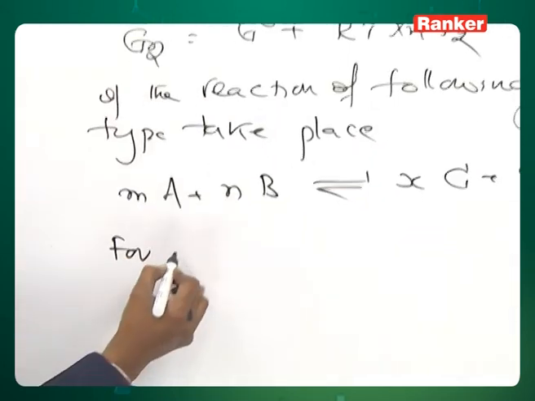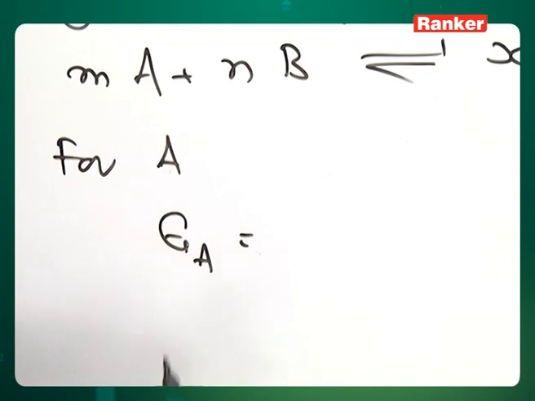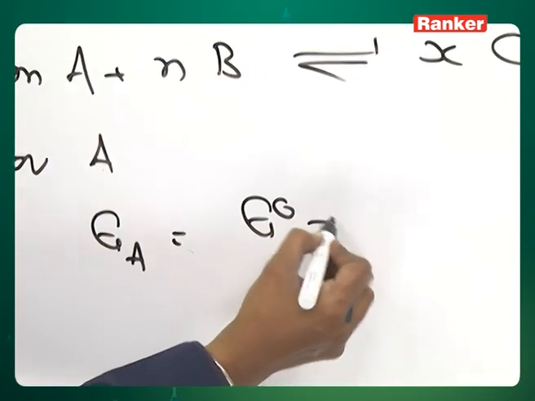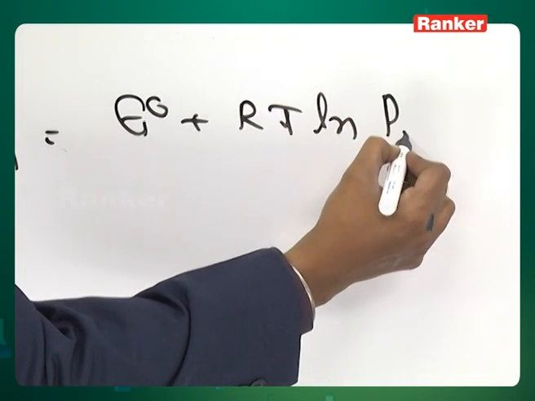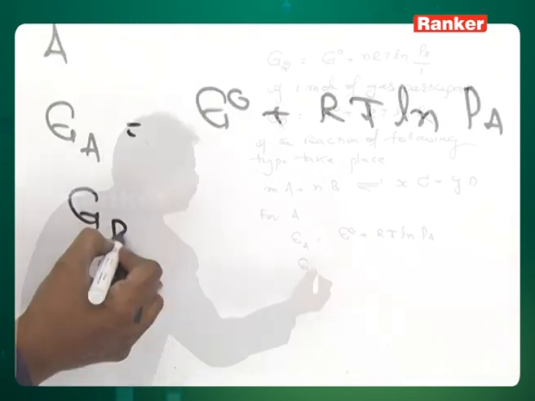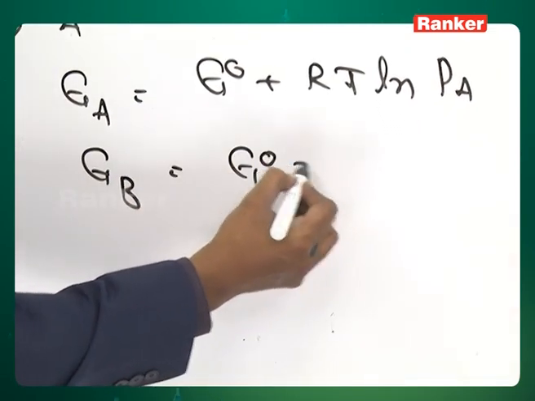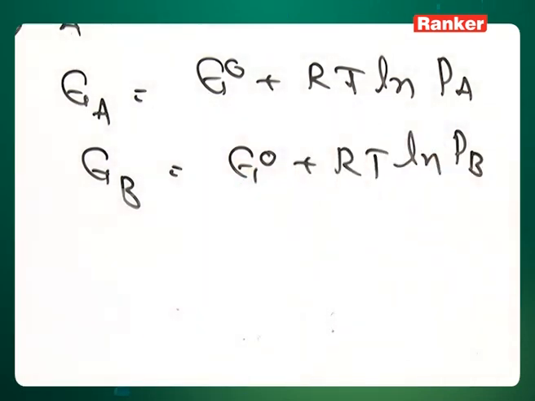Therefore, for A, the free energy Ga is equal to G naught plus RT ln pressure of A. Similarly, Gb is equal to G naught plus RT ln Pb.